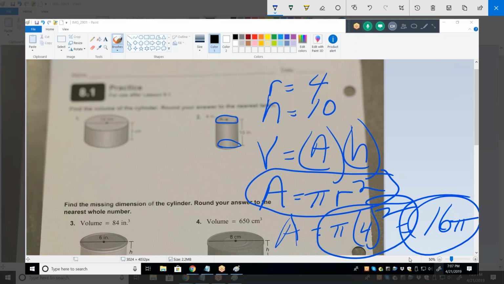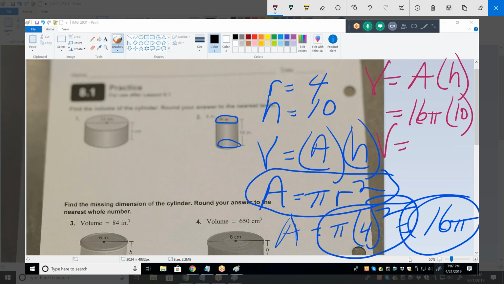Okay, so now let's go back. The question isn't area. The question is volume. Well, volume is area times height. What's the area? You just figured it out. 16 pi. What's the height? 10. What's the volume? 16 pi times 10.